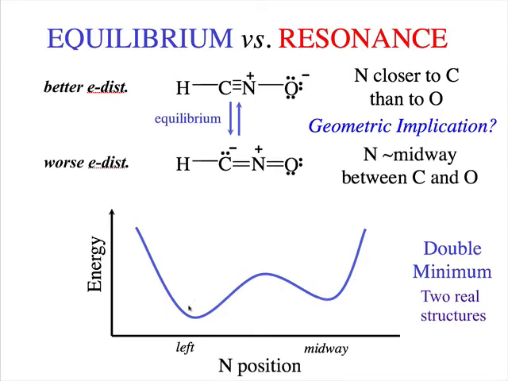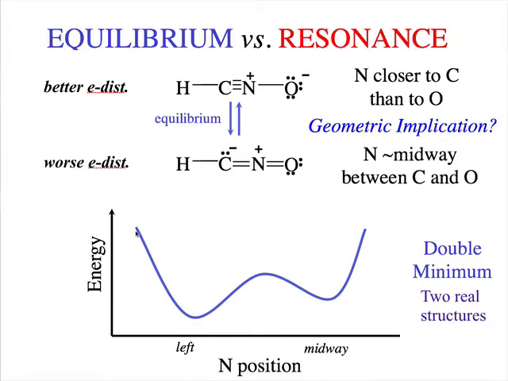And the double minimum implies that you can move between those 2 structures, back and forth, as long as we have enough energy to get over this little hump. We could move that nitrogen from one position to the next by moving the electrons from oxygen over to the carbon.